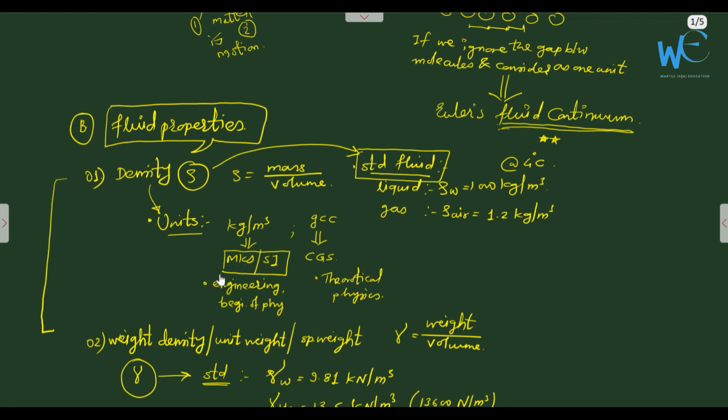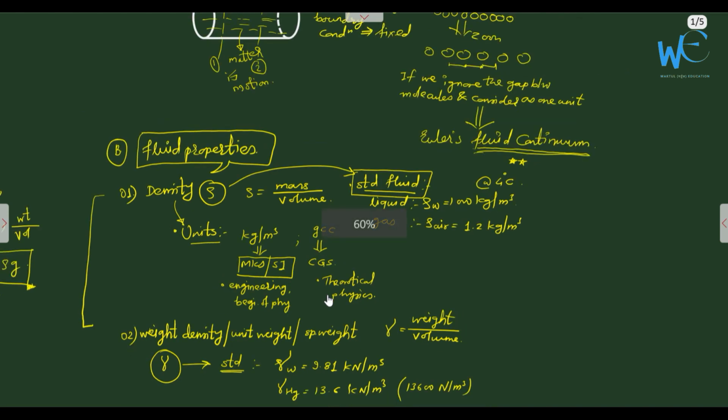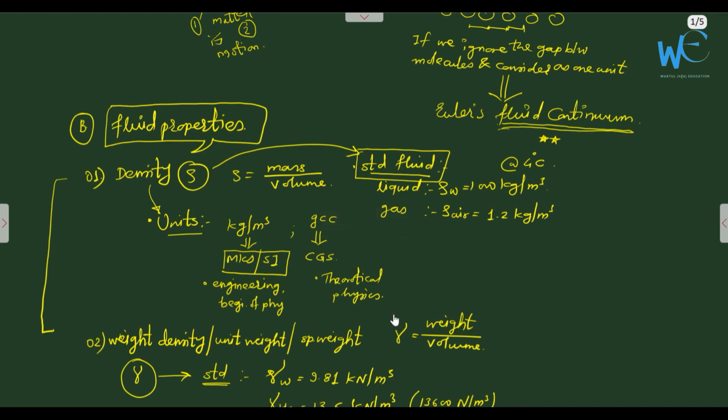Even if it is not related to our syllabus, MKS and SI units are generally used in engineering, and some physicists might use them at the very beginning of their study. CGS is not as commonly used right now, but some theoretical physicists might be using this CGS unit.